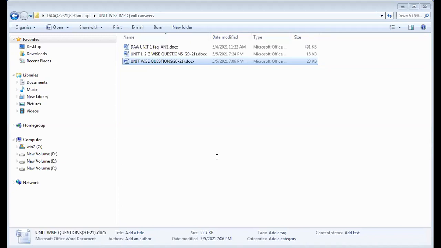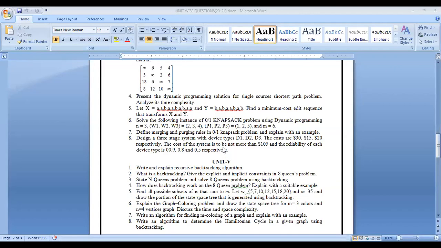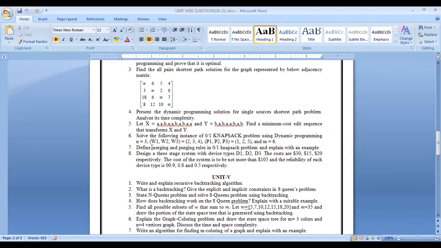In the previous exam question paper of fourth unit, the question on the knapsack problem asked in our dynamic programming. Just see the question.